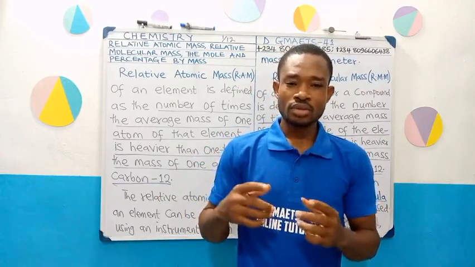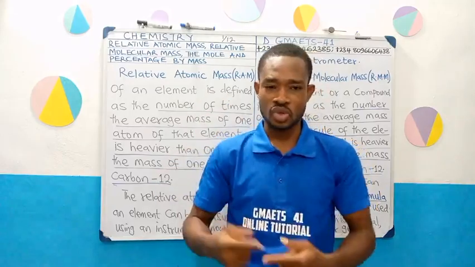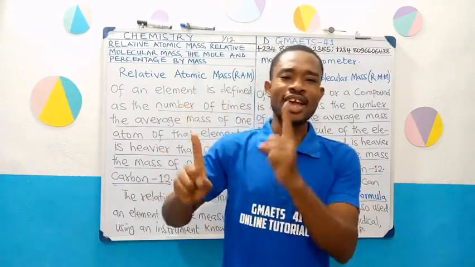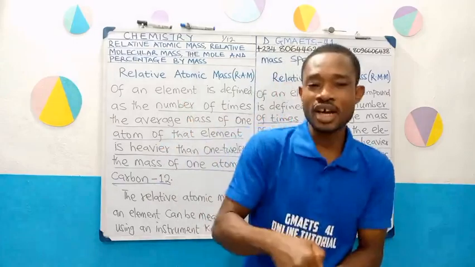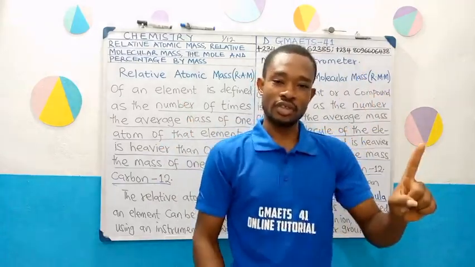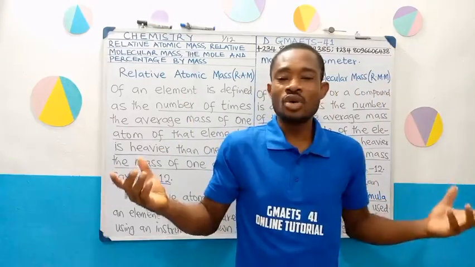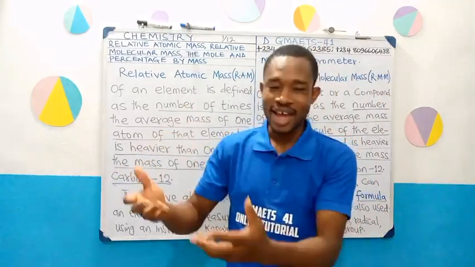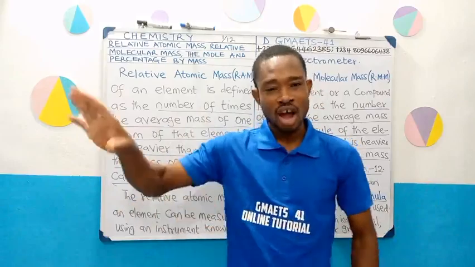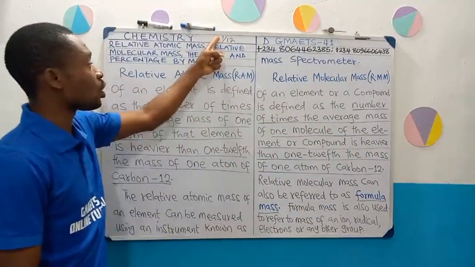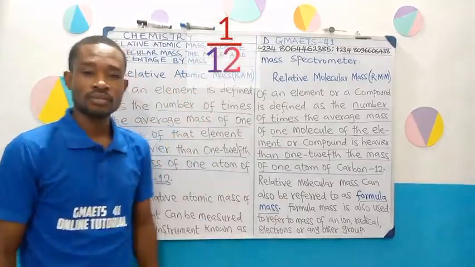So when you compare the number of times the mass of one atom of an element is heavier than 1/12 the mass of one atom of carbon, then you are simply trying to get the relative atomic mass of that element. When we talk about 1/12, 1/12 is simply 1/12.